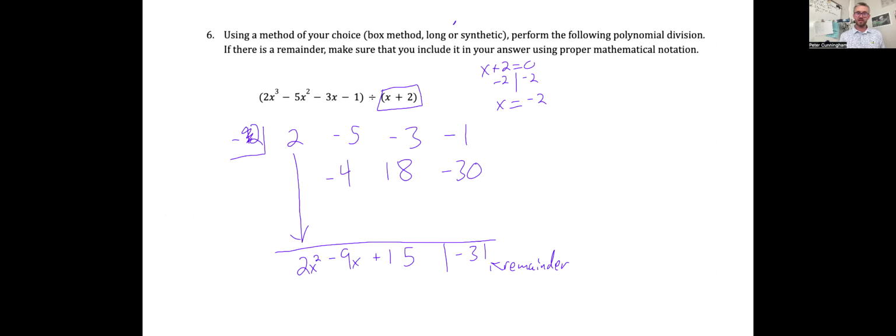So how you write your final answer is to say that 2x squared minus 9x plus 15. So what we're saying, actually, it doesn't divide evenly in there. If we went to -2 on the x, we would actually not be at the 0. We would be at -31 over x plus 2. Got to write that part in order to get the full credit.